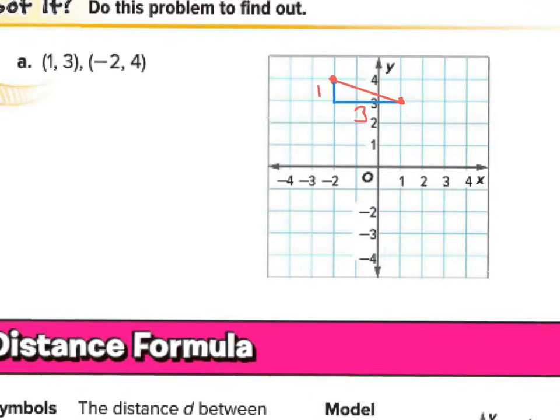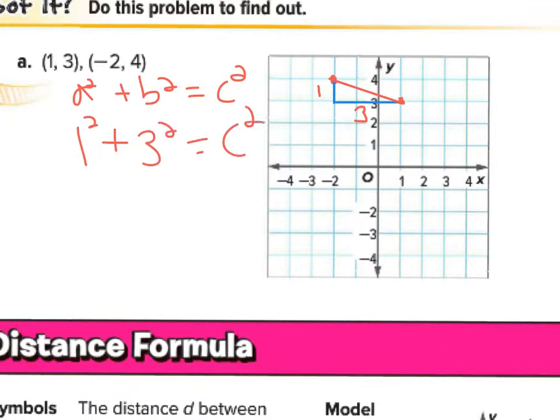So we can go ahead now and solve, where we use our a squared plus b squared equals c squared, replacing a squared with 1 squared plus 3 squared equals c squared, and we have 1, because 1 times 1 is 1, plus 9, 3 times 3 is 9, equals c squared, and we get 10 equals c squared.